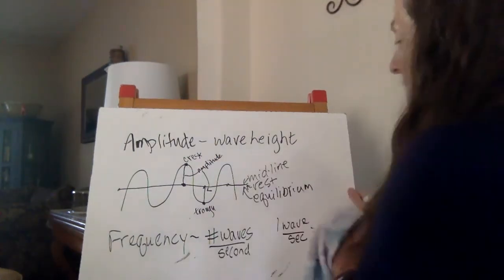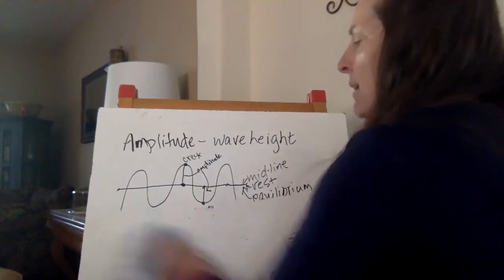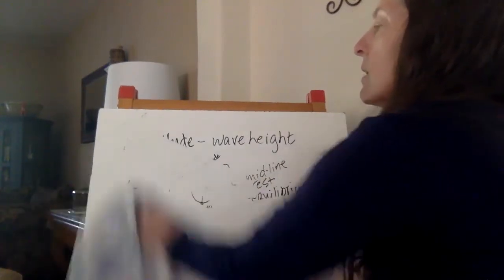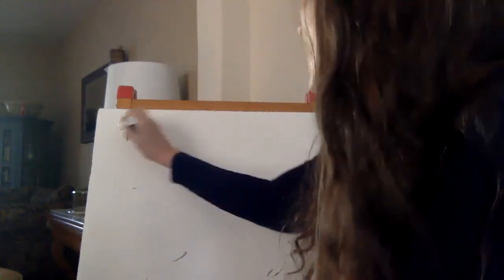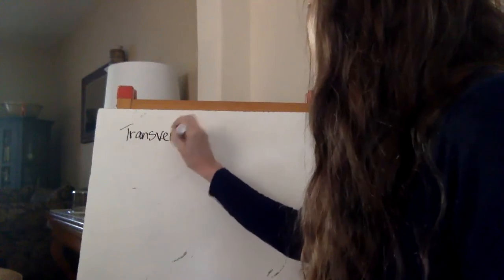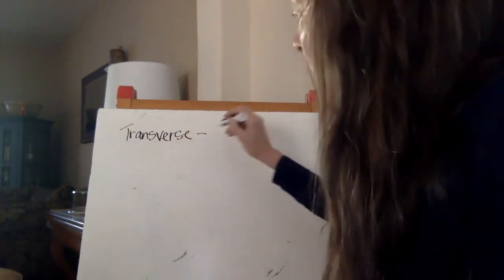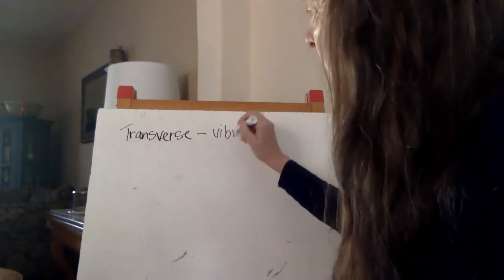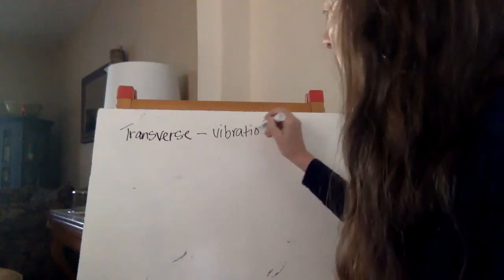Okay. The next thing I believe was asking you about transverse and longitudinal waves. So a transverse wave is a wave where the vibration, and that's what we call that up-down, okay?